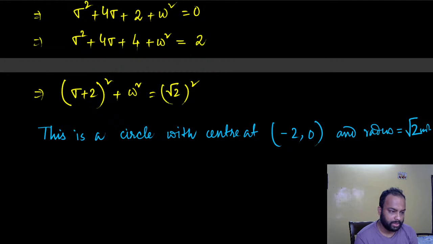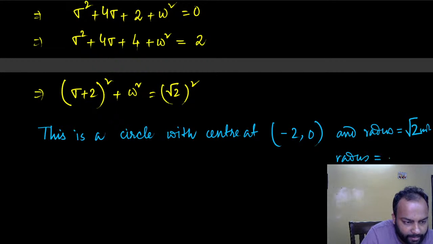So it's a circle centered at minus 2 comma 0 on the S plane, and it has root 2 units of radius. But what is root 2? Essentially the radius is 1.414 units, right? It's a circle with radius 1.414 units, centered at -2, 0.